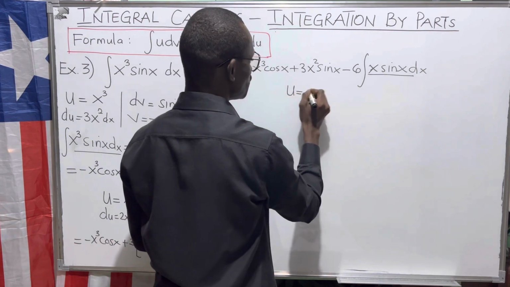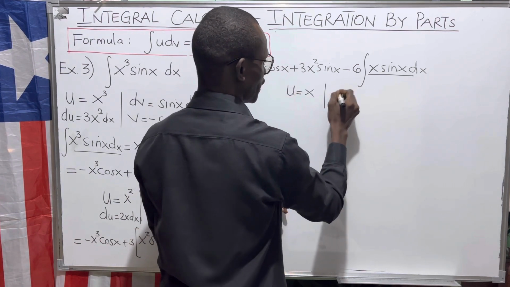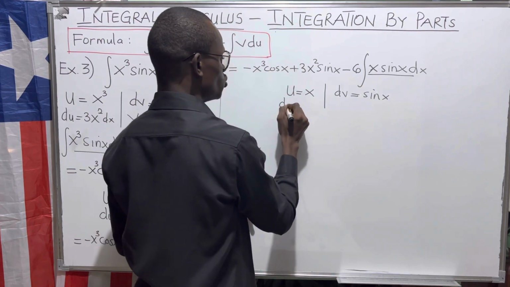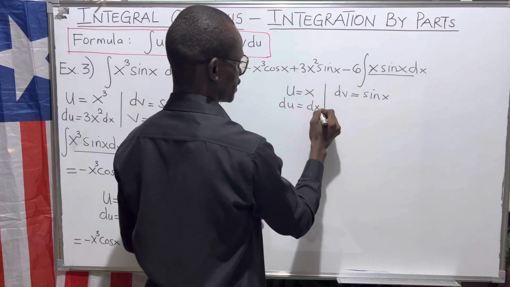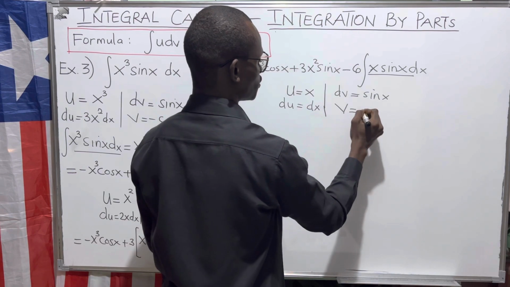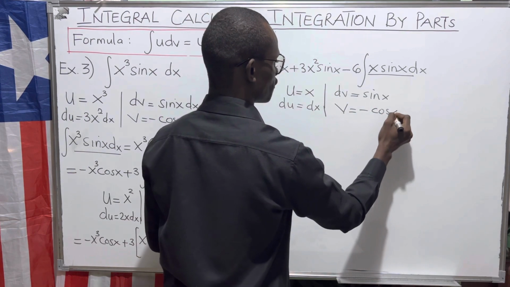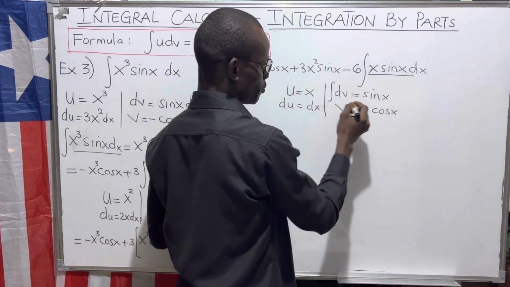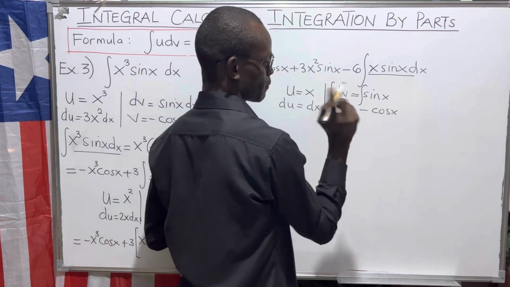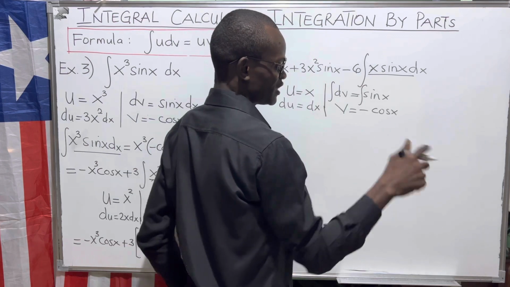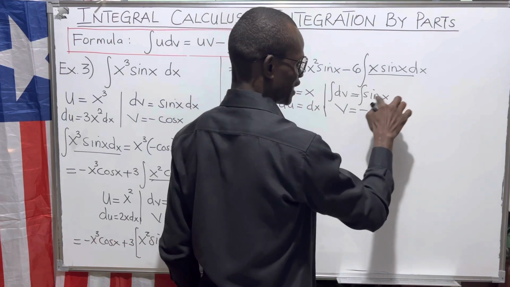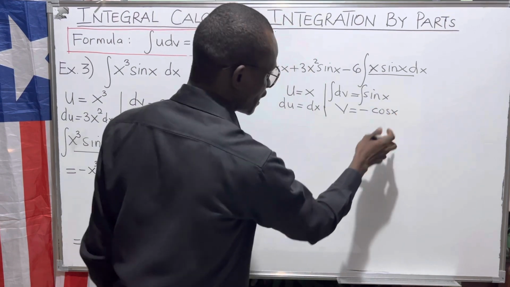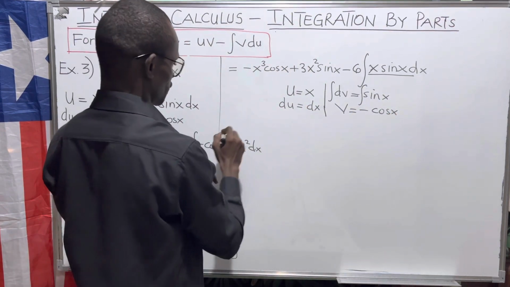Again, we say let u equal the algebraic function and dv equal the trig function. So du is dx, and v is equal to minus cos of x. Don't get confused between the integral portion and the derivative portion, because when we were differentiating trigonometric functions, the derivative of sine of x is positive cos of x, but the integral of sine of x is negative cos of x. So take note of that.